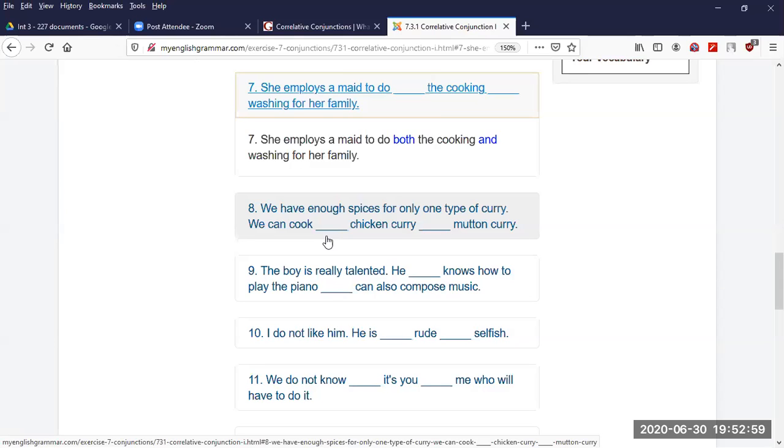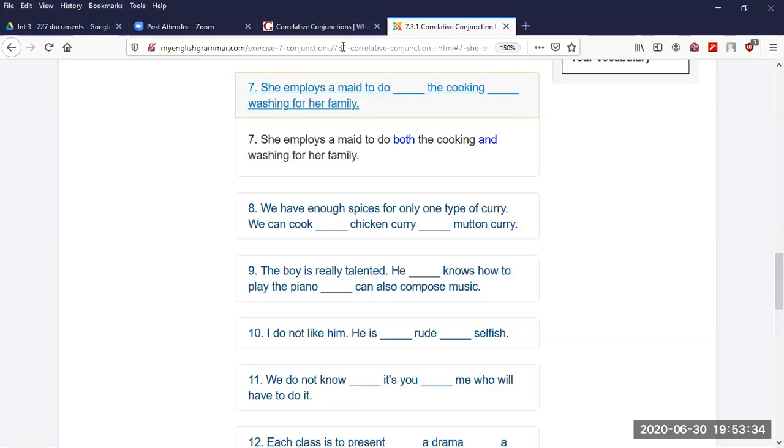We have the choice of the two, chicken curry or mutton curry. So the first space is, anyone? Extra point. I believe we can use either or rather. No, we can't use rather. Okay, either.